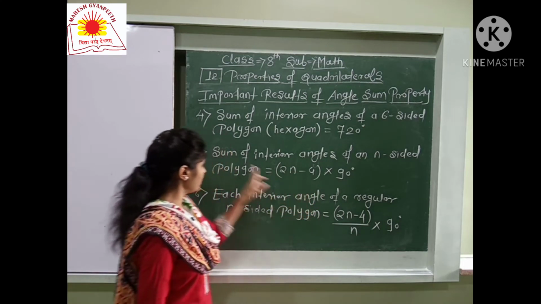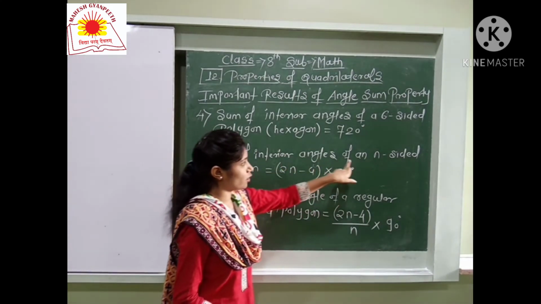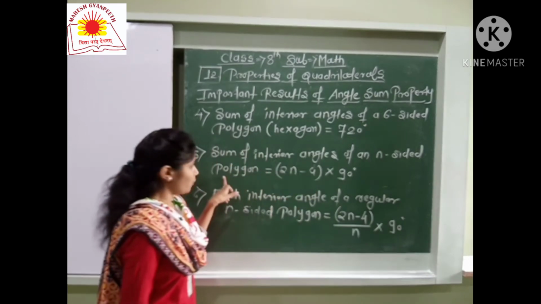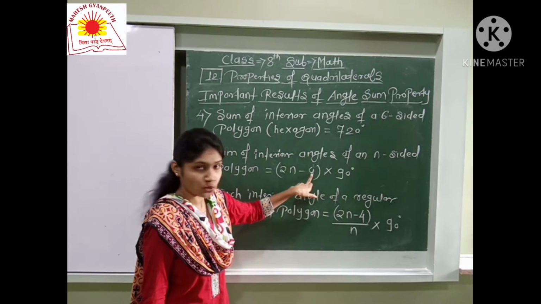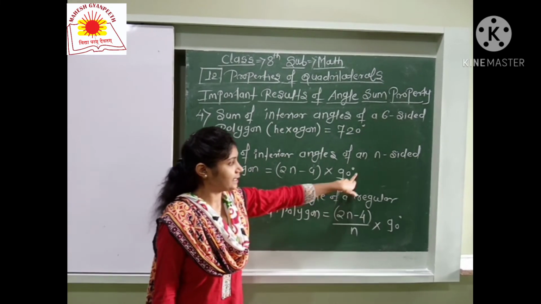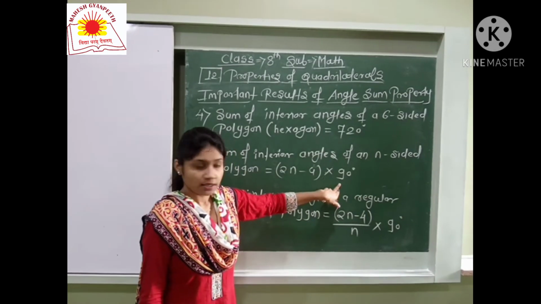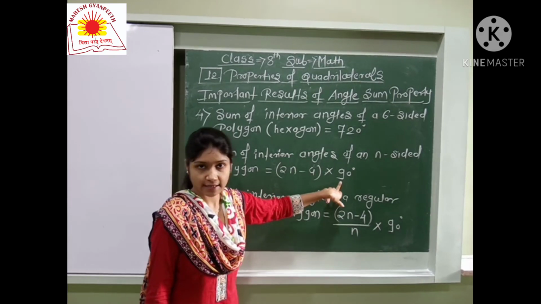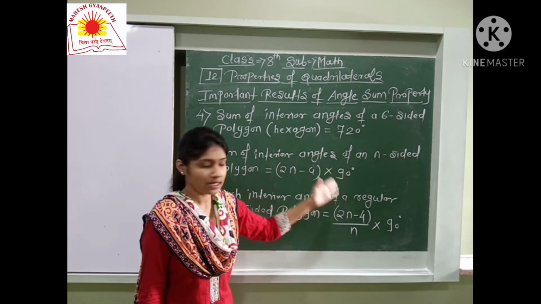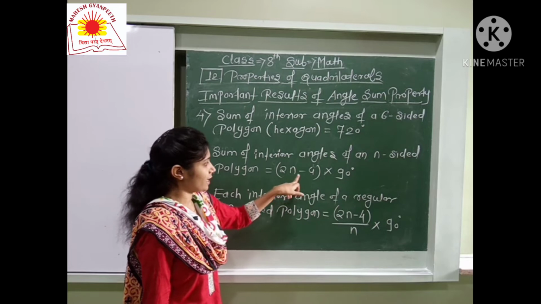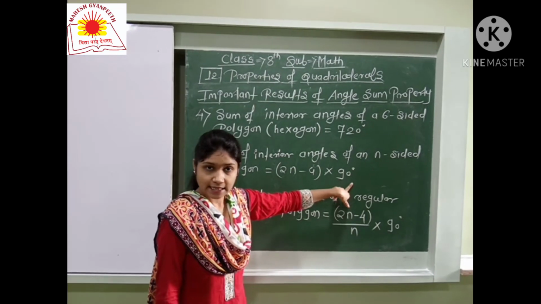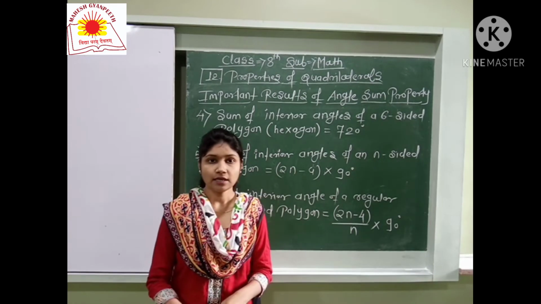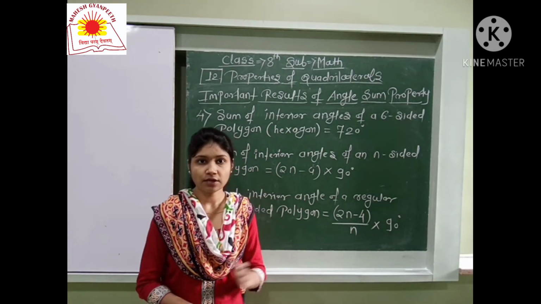So to find the sum of the interior angles of an n-sided polygon, you have to use this formula: twice n minus 4, multiplied by 90 degrees, where 90 degrees is a right angle. What is n? n is the number of sides of the given figure.